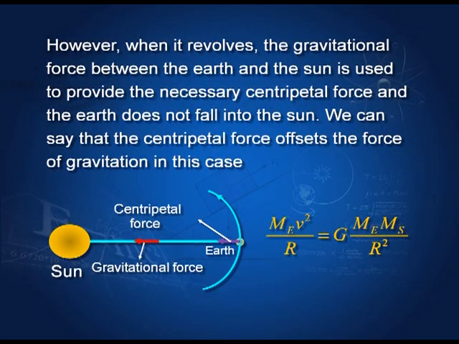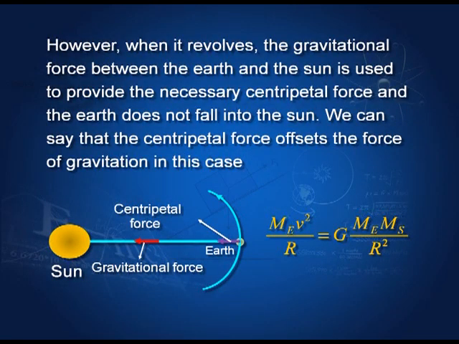So, this gravitational force is used as the centripetal force for the motion of the earth around the sun, and therefore, the earth does not fall into the sun. In a way, you can say that the centripetal force offsets the force of gravitation.